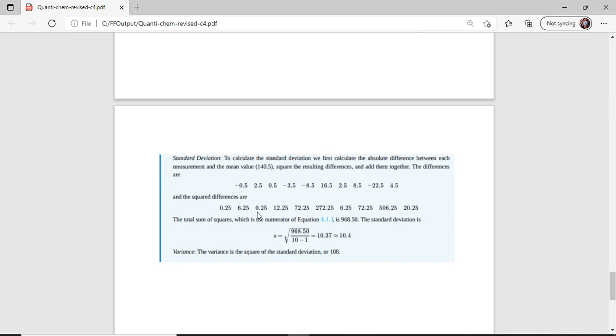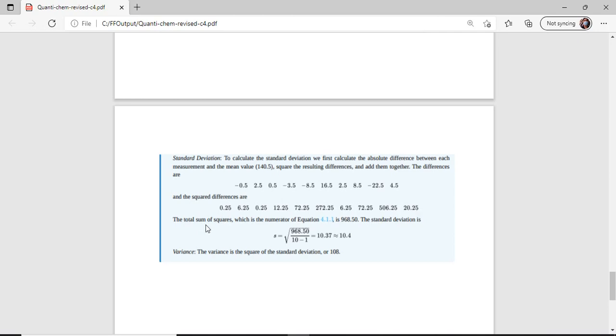So, we have 0.25, 6.25, 0.25, 12.25, 72.25, 272.25, 6.25, 72.25, and 506.25, lastly 20.25.